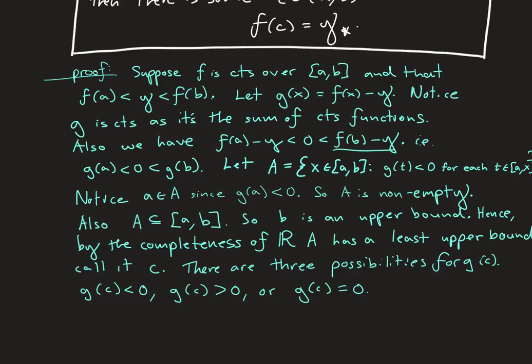This last one is going to be the one we're banking on, but what we have to do is show that this one's impossible and this one is impossible.